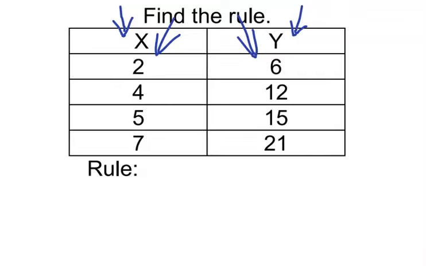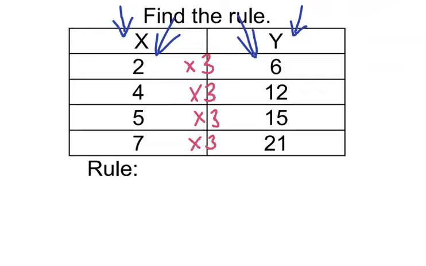The other thing we can do to get from 2 to 6 is times 3, right? 2 times 3 is 6. So let's see if that same rule works for every one of these. 4 times 3, yeah, that gives you 12. 5 times 3 is 15, and 7 times 3 is 21.